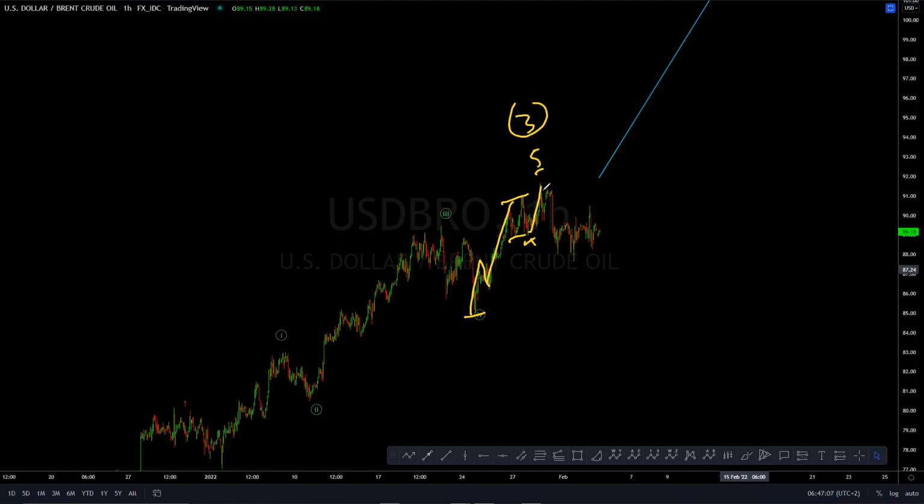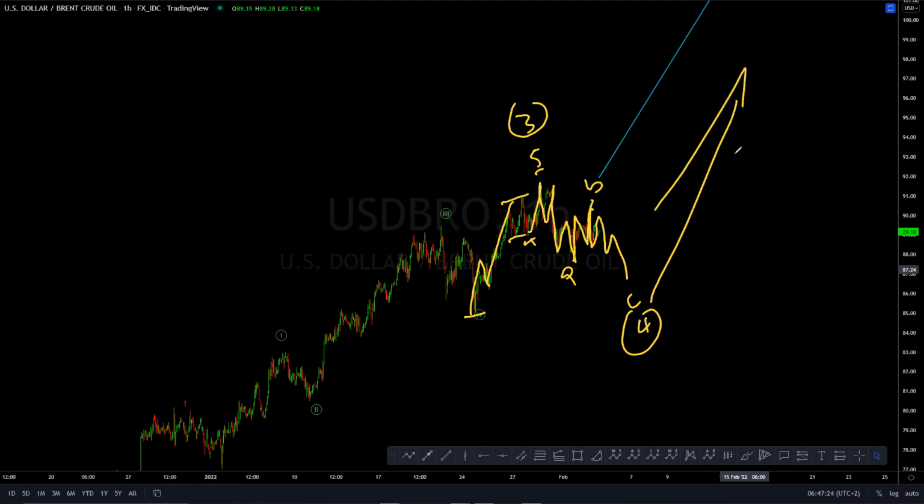And one can see from this peak that we also have 1, 2, 3, 4, 5. This could be A of 4 in red. This could be B of 4 in red. Then we may expect 1, 2, 3, 4, 5 for C of 4 in red before we can see the move to the upside for wave 5 in red, which would be completing wave 3 in yellow.